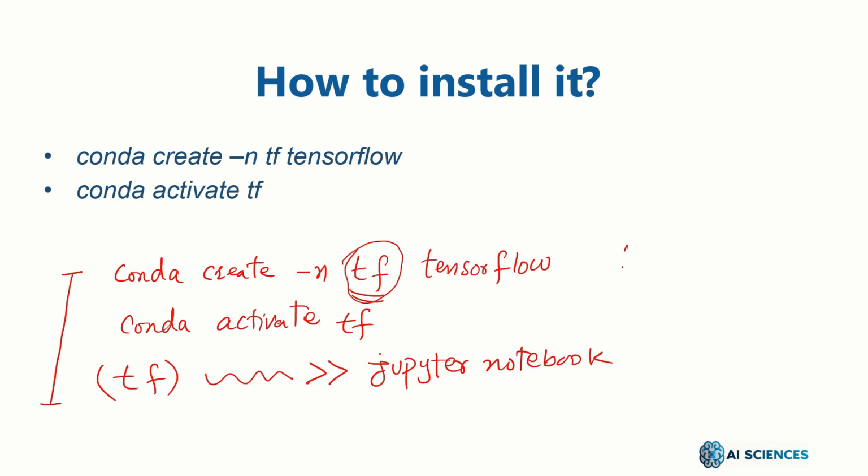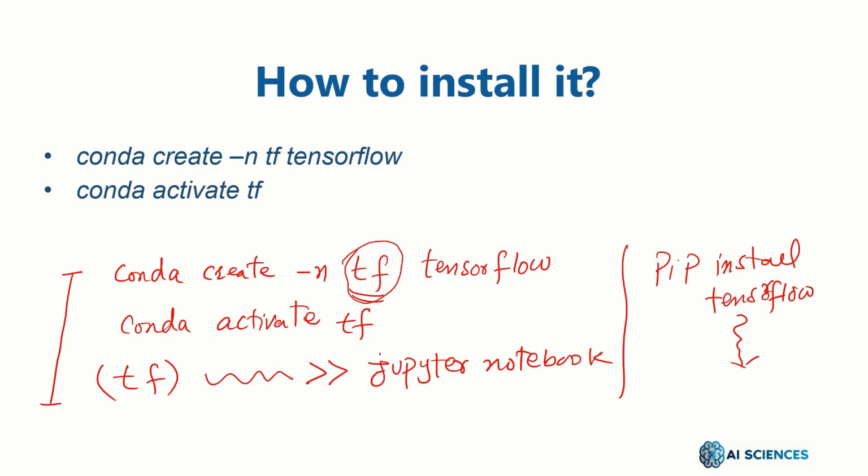Another way is to go directly and run pip install tensorflow, and it will install TensorFlow. What happens normally is there are a lot of conflicts between TensorFlow variants and Python variants, about which TensorFlow variant will work on which Python variant, and vice versa.